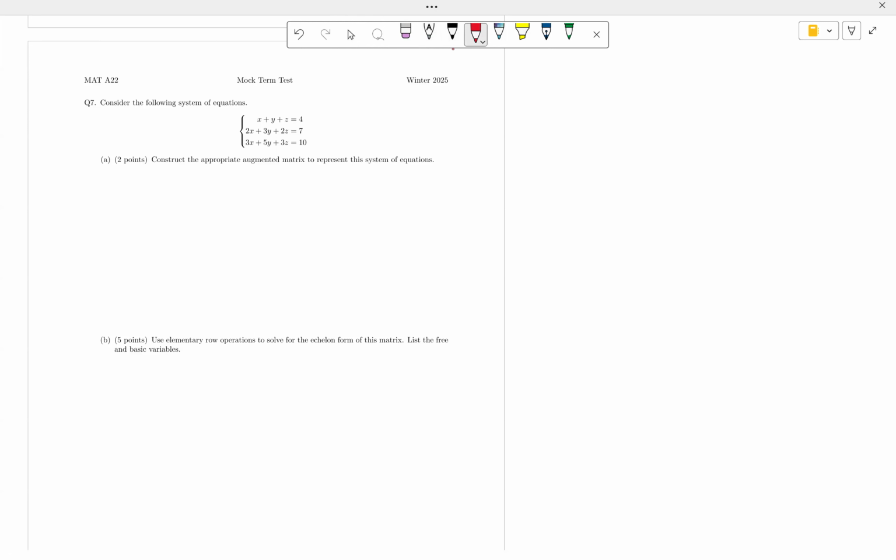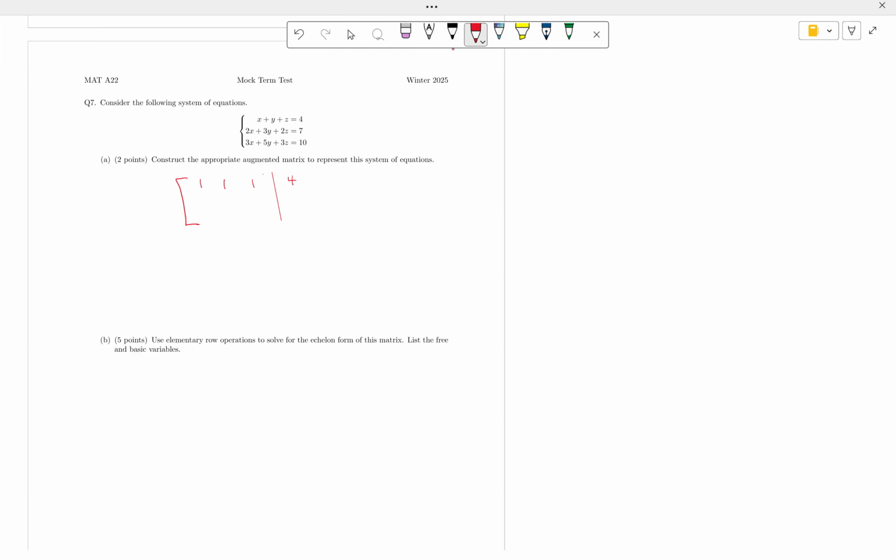Now, here we've got lots of space to construct the matrix, but I'm just going to construct it right near the top. And we take the constants from each term. So 1, 1, 1. We put a vertical line, and then our coefficients go here, and then our constants go behind the line. Coefficients are the numbers multiplied by our variables, x, y, and z.